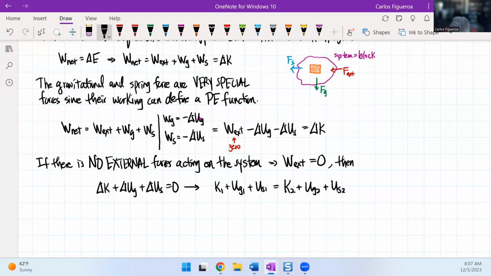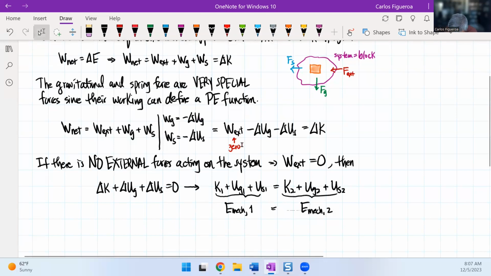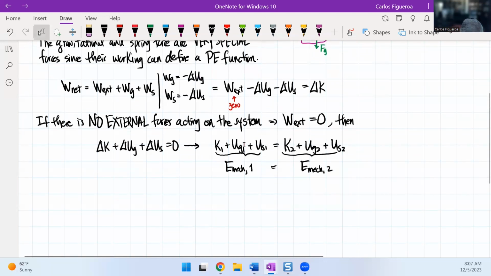Because this shows up so much, we call this the mechanical energy. The mechanical energy at state 1 has to equal the mechanical energy at state 2. And so we then have the law of conservation of mechanical energy.